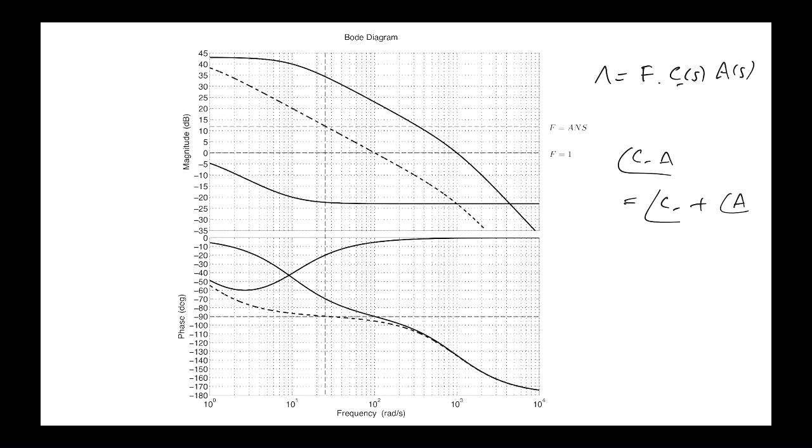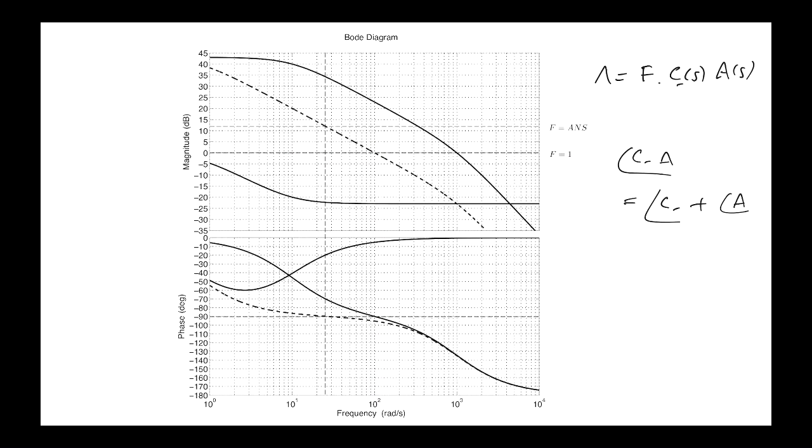And if we multiply by a smaller number again, that would shift the crossover frequency further to the left and give you a higher phase margin in this particular case. Whereas if we left F as 1, the crossover frequency would be here, and you would get a slightly smaller phase margin.